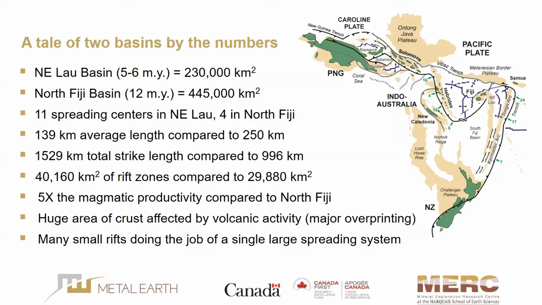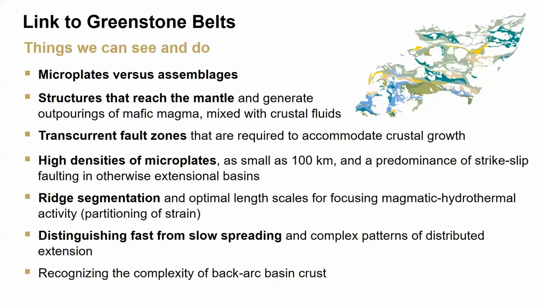So very, very different dynamic, which I'll touch on in a minute. Essentially, in this environment, in the Lao Basin, we have many small spreading centers or small rifts, subparallel, that are doing the same amount of work that a single large spreading center does in the North Fiji Basin. One of those two scenarios is better, or at least more favorable, for magmatic hydrothermal activity and mineral endowment.